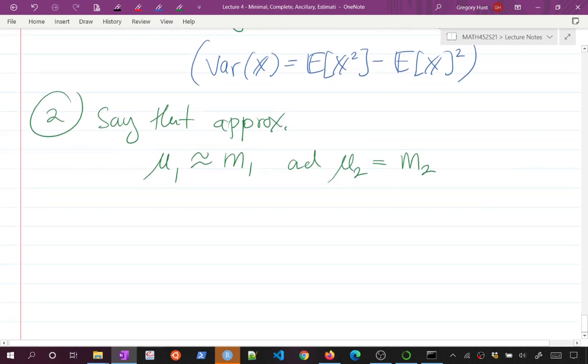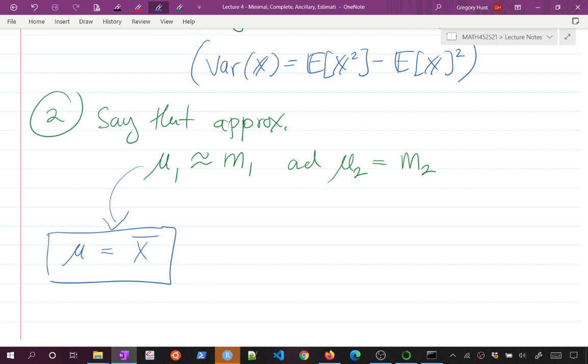And if I do that, what do I get? Well, the first moment mu1 is just mu, and the first sample moment is x bar. So I'm going to guess that a good estimator for mu is x bar, because if mu1 is basically this first sample moment, that would say that I should estimate that mean as the sample average.